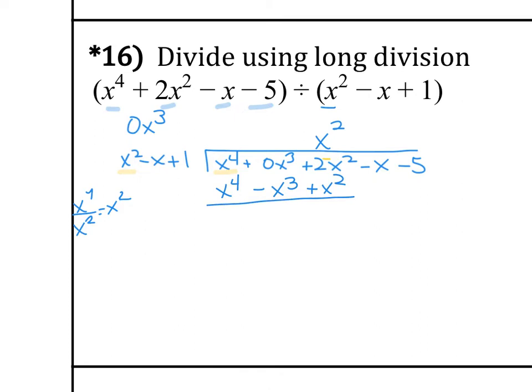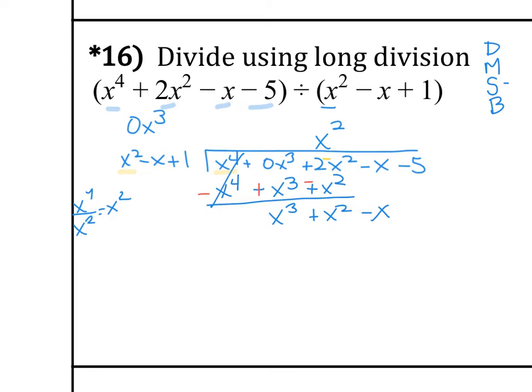So remember, for long division, you divide, multiply, subtract, and bring down. So the important thing about subtracting is you have to remember to change all the signs. So this becomes negative, positive, and negative. And so now this cancels out, and that should cancel out. We're left with a positive x cubed, and this is a 2 minus x is just an x squared. Then we bring down a negative x.